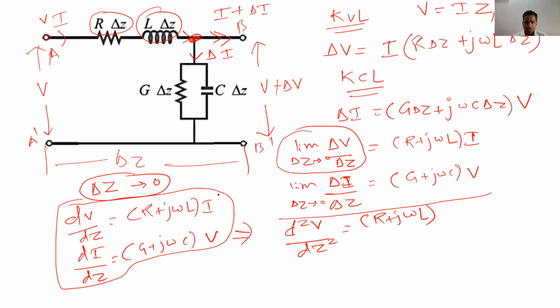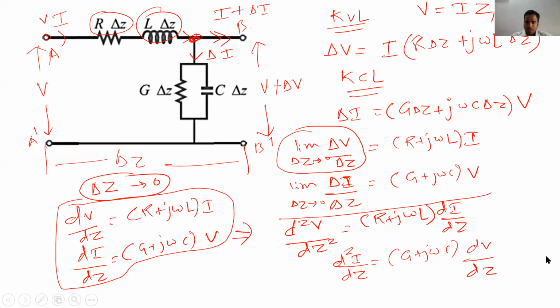I will get dI by dz. And similarly, if I differentiate this again with respect to z, I will get d square I by dz square, that is G plus j omega C into dV by dz.